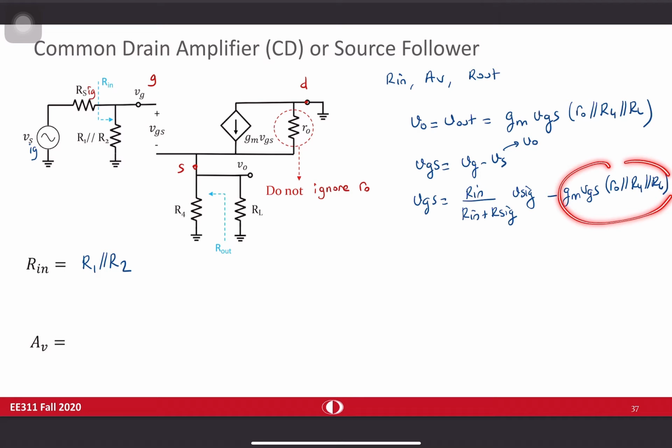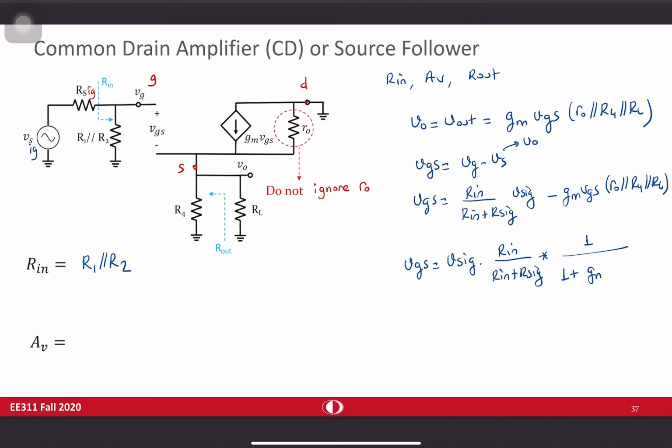So if you take this part on left and solve accordingly, the final result will be VGS equal to V signal times Rin divided by Rin plus R signal times 1 over 1 plus gm R0 R4 RL.